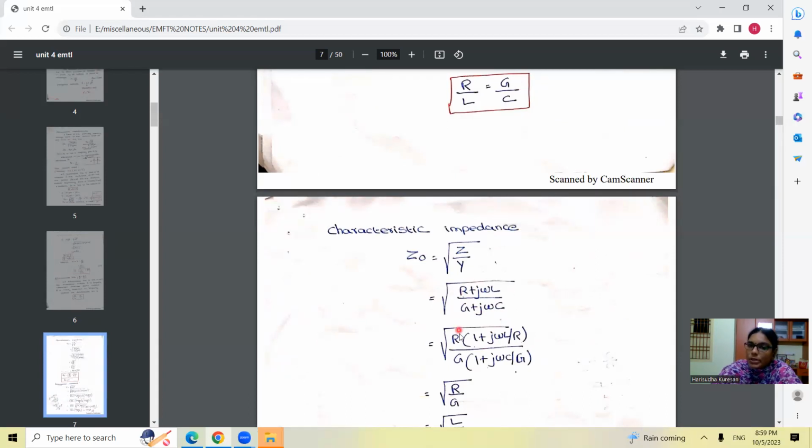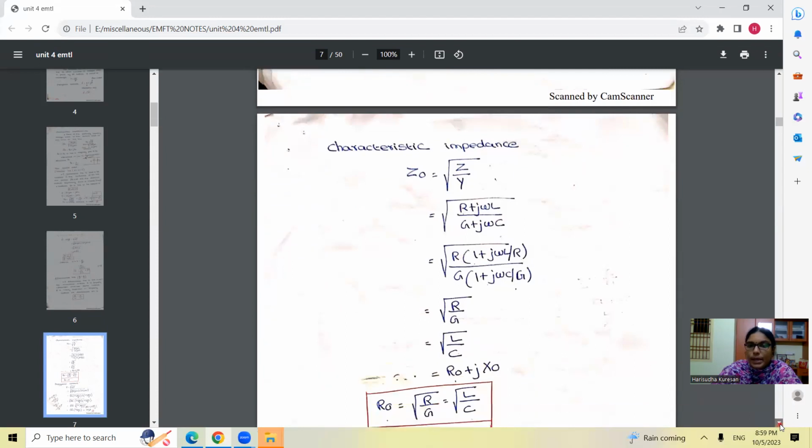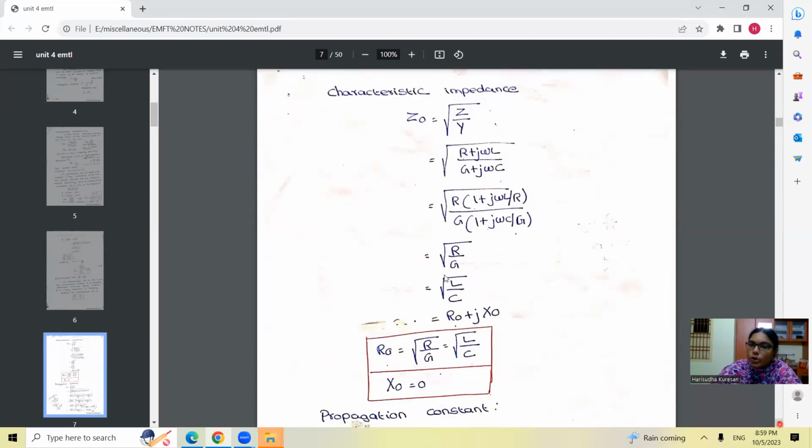For my convenience, I take R outside and G outside in the denominator, so that it becomes R upon 1 plus jωL divided by R. Similarly, taking G outside, I'll get G upon 1 plus jωC divided by G. Since we know R by L is equal to G by C, if you solve this equation, we'll get the square root of R by G, or else we can write the square root of L by C.